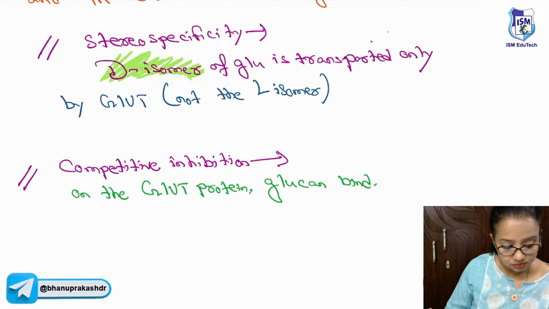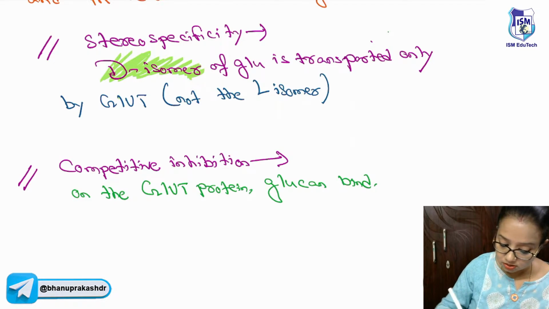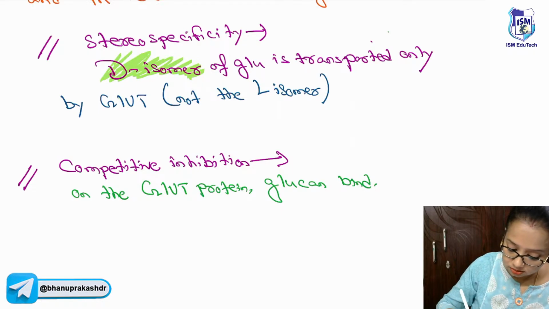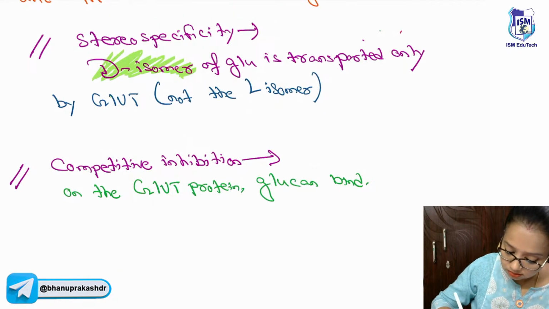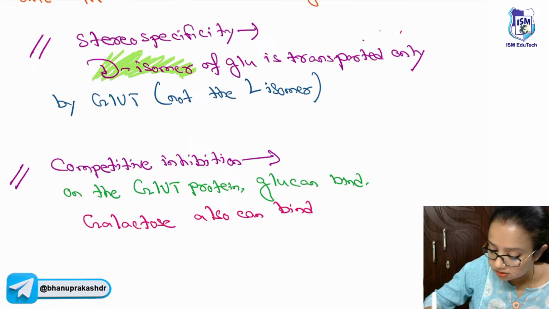Okay. Now, on the same GLUT protein, even galactose also can bind.